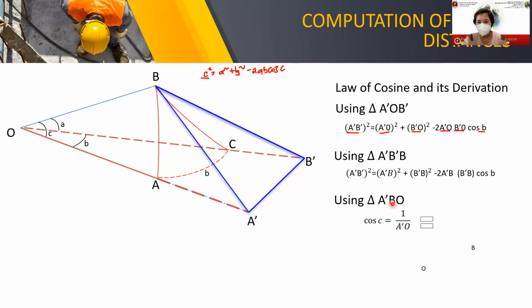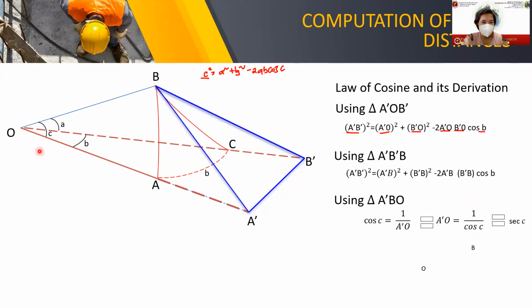So by using this one, we can determine the value of A O prime, which is equivalent to, pag we transfer AO to here, then AO is equals to 1 over cosine of your C, and 1 over cosine using the trigonometric reciprocal identities, 1 over cosine is equivalent to secant, diba? So, meron lang tayong AO prime is equals to secant. So, take note of this one.